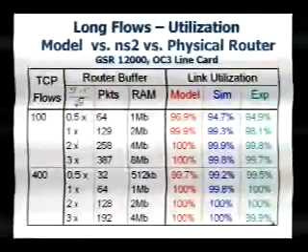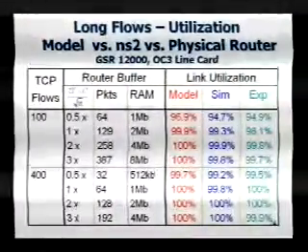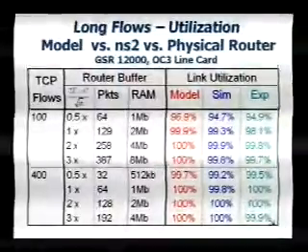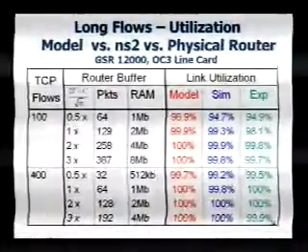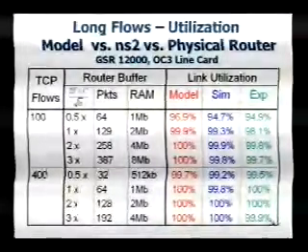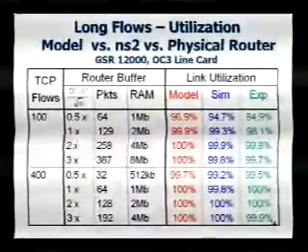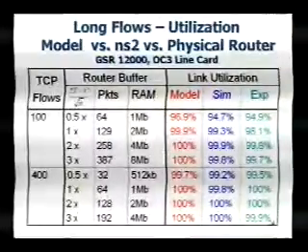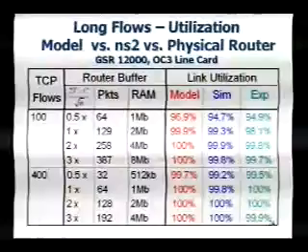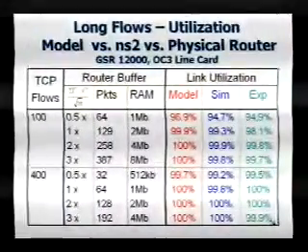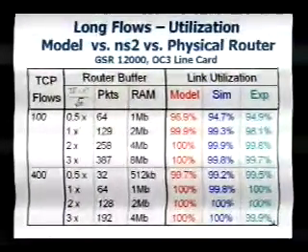We repeated this experiment first for 100 flows and then for 400 flows, and then we picked router buffer sizes of 2T times C over square root of n, half of that, 2 times that, and 3 times that, just to get an idea for the elasticity. How exactly does it depend on the amount of buffering that you have? You can see in the numbers to the right that there's fairly good agreement between model, simulation and experiments about two things.